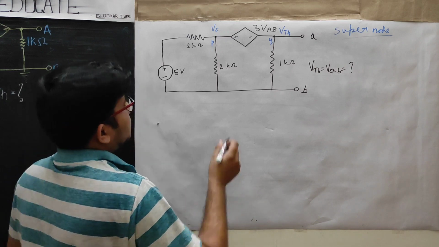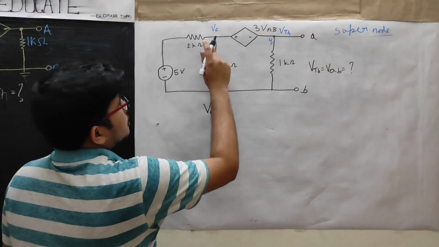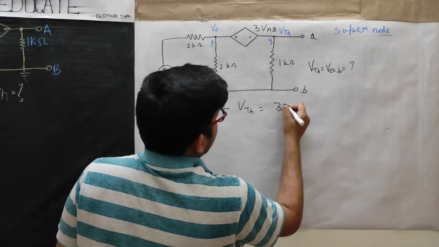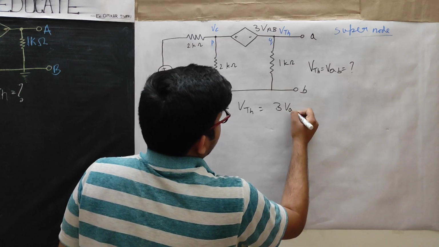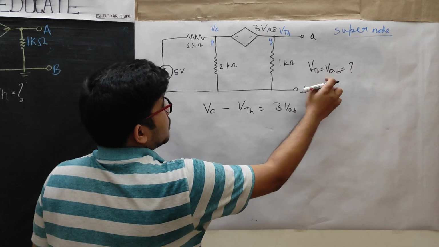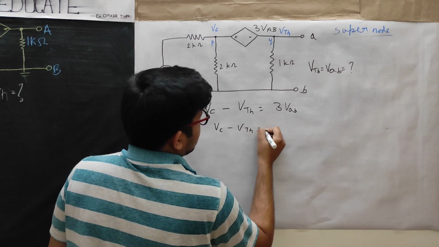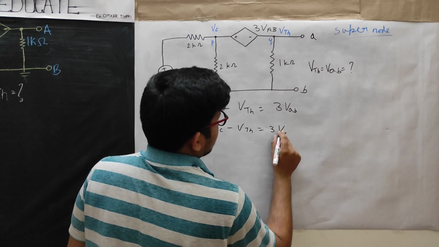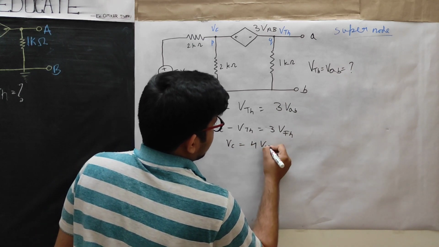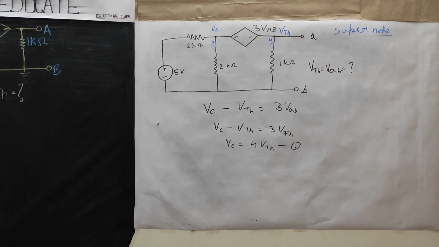In the super node, you get VC minus VTH is equal to thrice of VAB, and VAB is VTH. So VC minus VTH is equal to thrice of VTH. So VC is equal to 4 times VTH. Consider this as equation number 1.